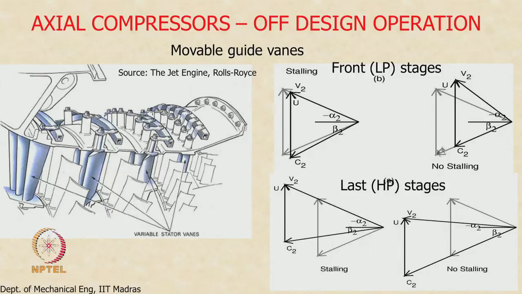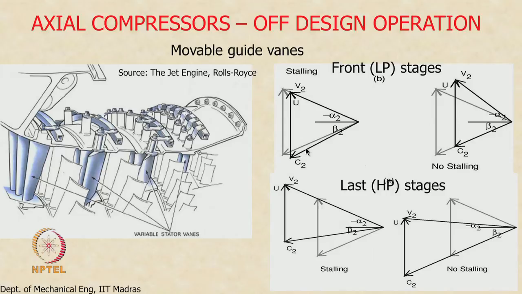This is the design velocity triangle in gray. Now as you can see, I have changed this angle alpha 2. The axial velocity is still less than the design value, but I have increased this angle alpha 2 using my guide vane so that this velocity vector nicely aligns itself with the design velocity vector, right. So this will not stall.